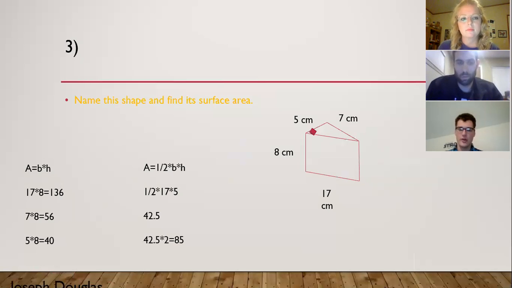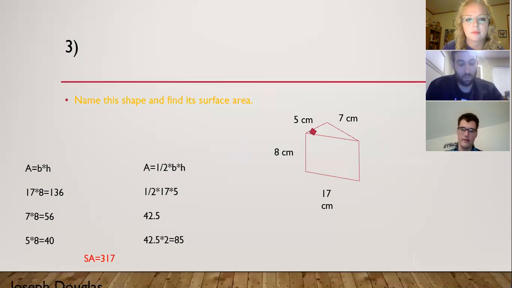And then another side over here will be 7 times 8, which is 56, and then finally 5 times 8, which is 40. Those will all be added together. To find the area of the right triangle, we take area equals 1/2 base times height.